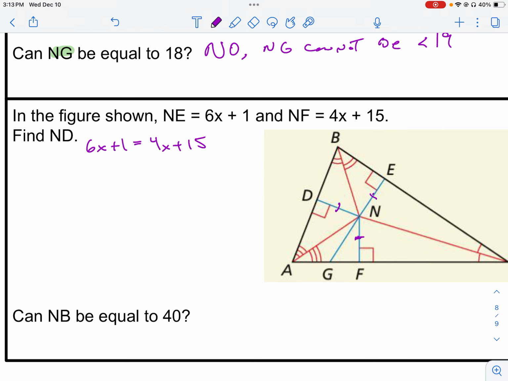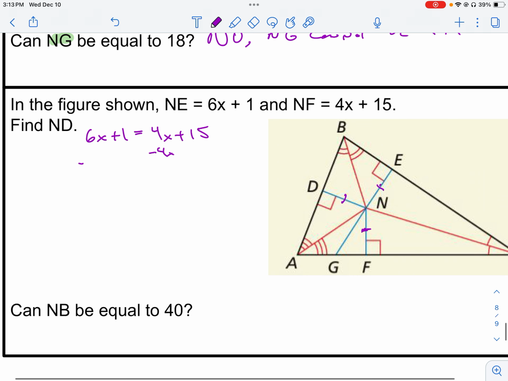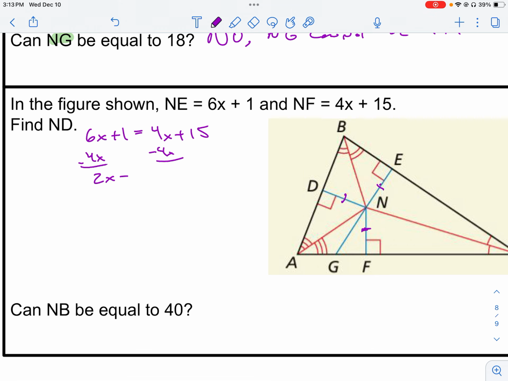So let's go ahead, set them equal, and solve. And we're going to see that x equals 7.